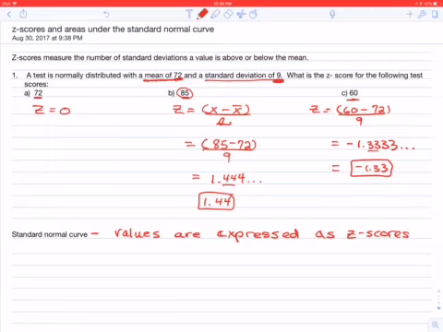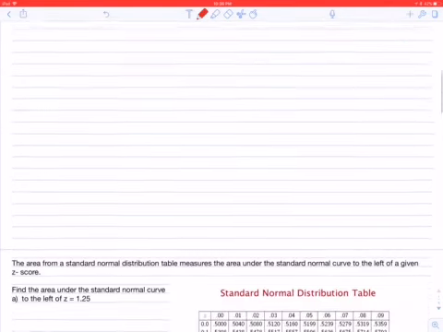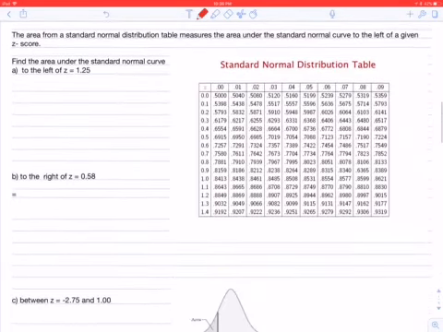If our values have been converted to Z-scores, we can use tables such as this one to find the area under a standard normal curve. And those areas under the standard normal curve can be converted to percentages. So we can find, using the standard normal curve, the percentage of values that fall within given intervals.